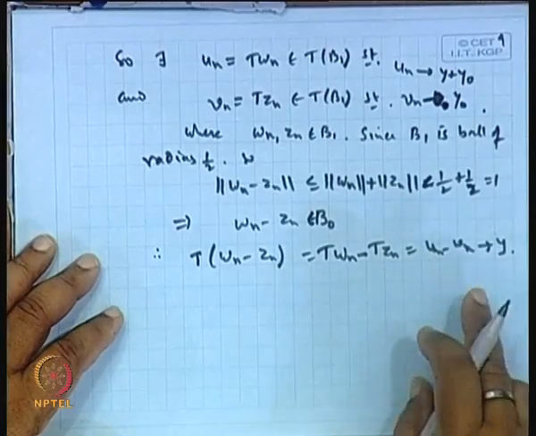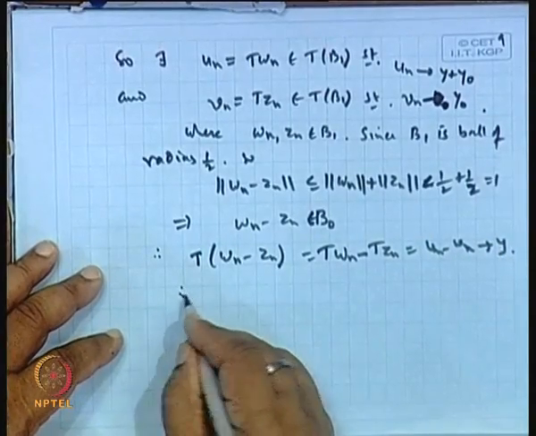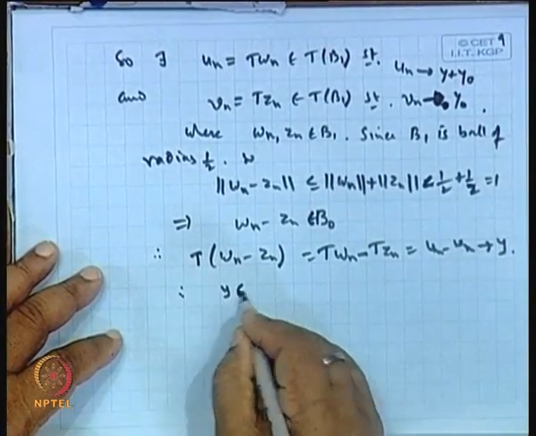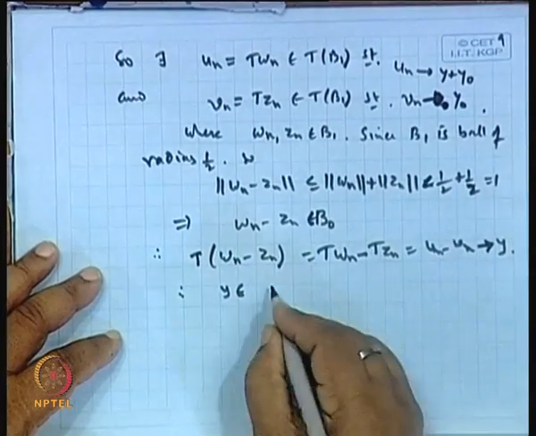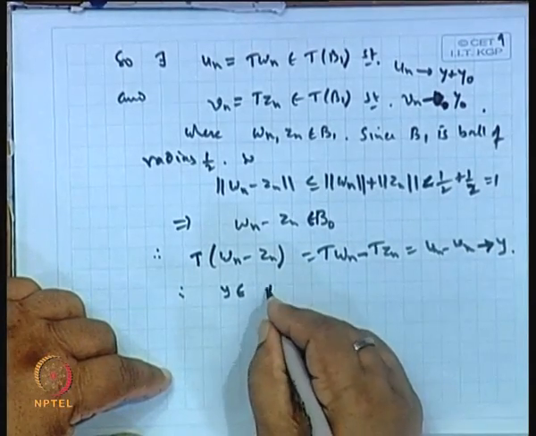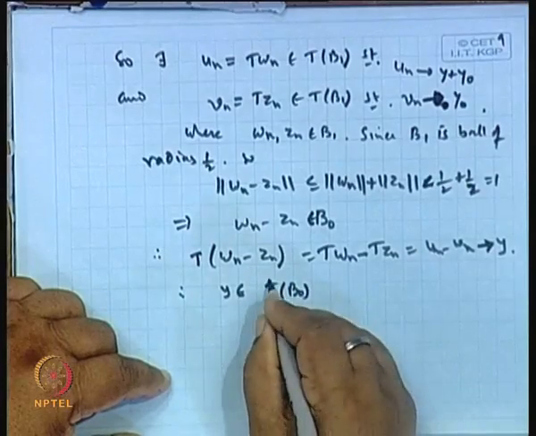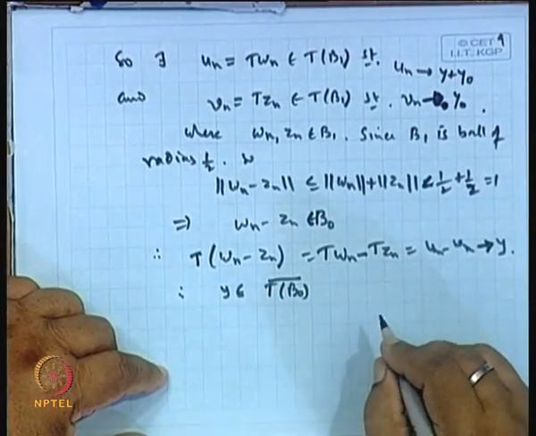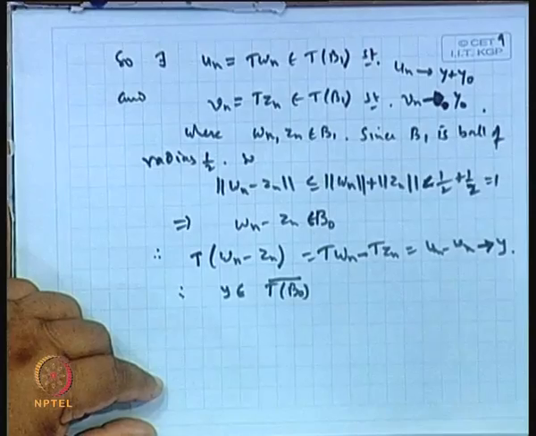Okay. So, we are getting the point y. Therefore, y belongs to the closure of T B naught. Okay, we see that.